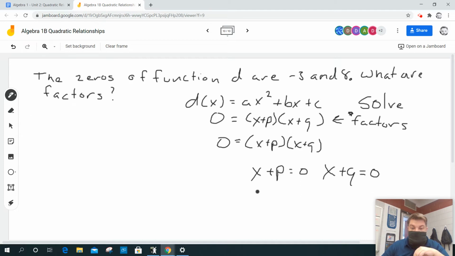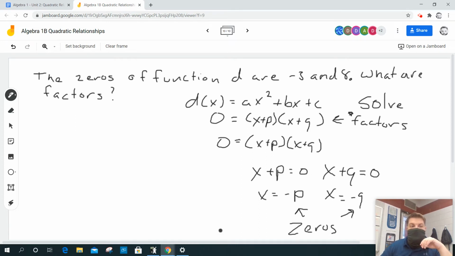And then what we would do is we would subtract p from both sides and subtract q from both sides. And then these would be what we would call the zeros. Okay? Well, they told us what the zeros are.